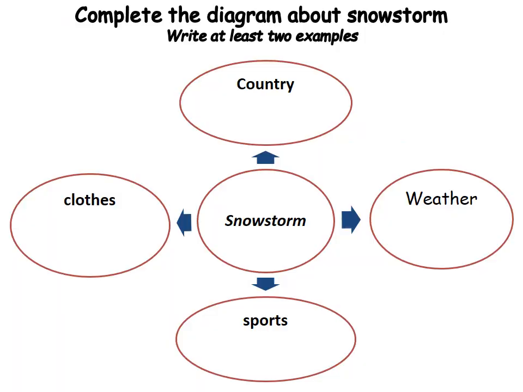Complete the diagram about snowstorm. Write at least 2 examples. Let's start with a country here. The country is Canada and USA, for example.